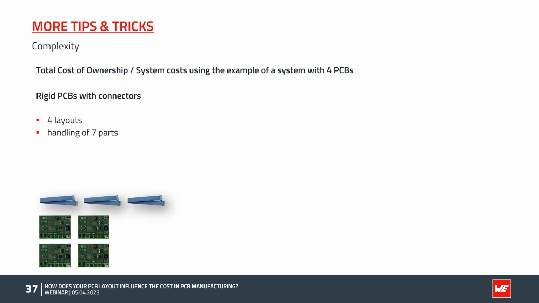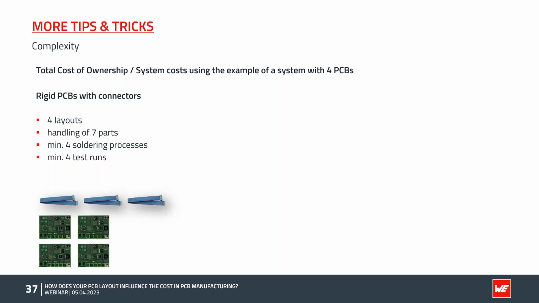And if you want to connect those 4 different PCBs, it's often being done by some flexible connectors. And well, basically, if you connect everyone, the handling would be that you have to handle at least 7 different parts, depending on the build-up, what you want to do. You at least have 4 different soldering processes, 4 different setups for the soldering process, and so on.